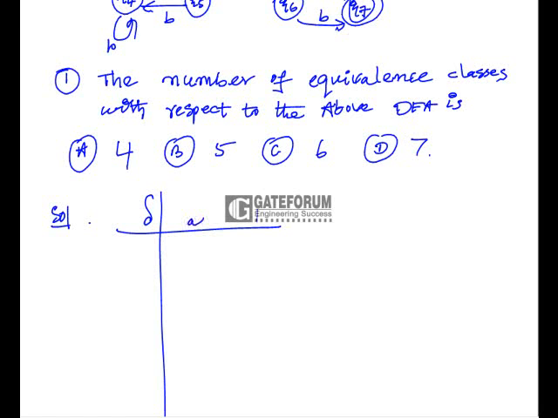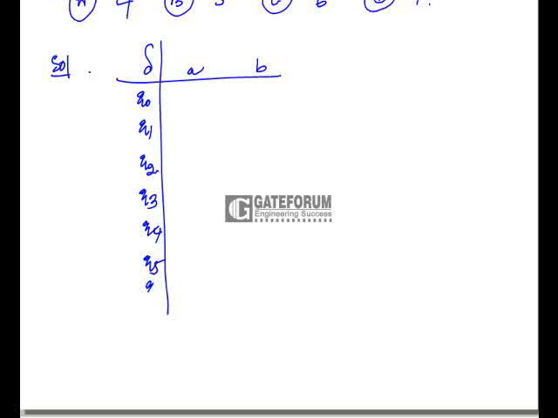So inputs are A and B, states are Q0, Q1, Q2, Q3, Q4, Q5, Q6 and Q7. These are the states.